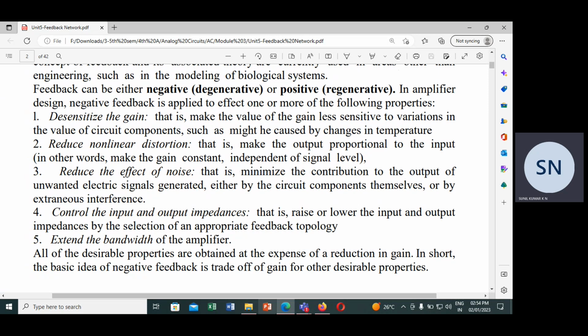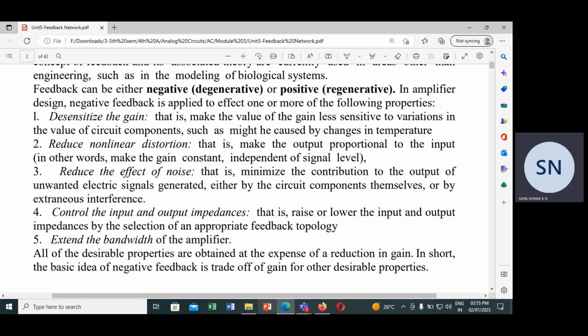What are the ideal characteristics of an op-amp, the operational amplifier?